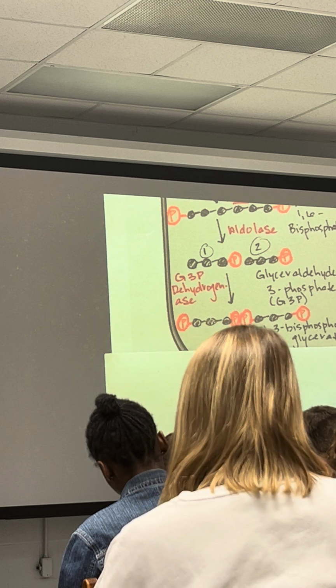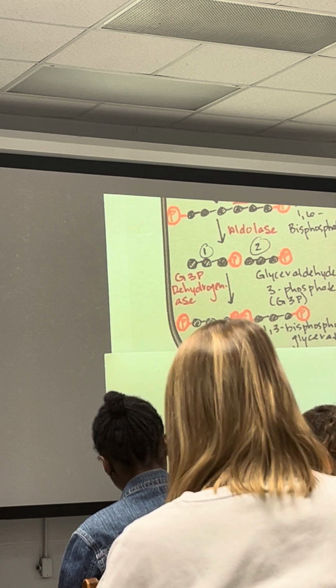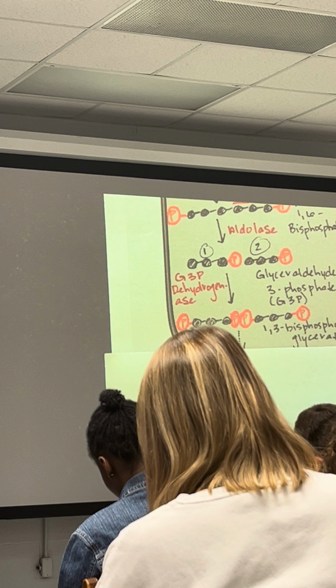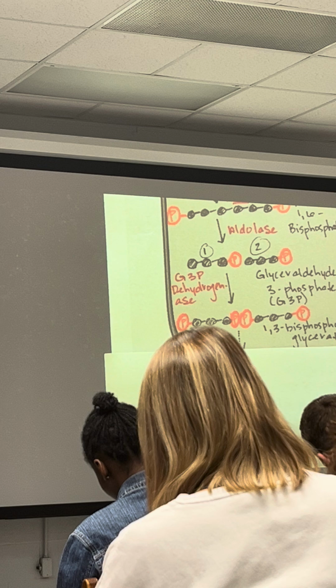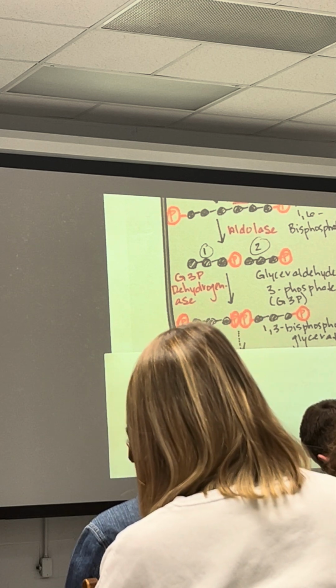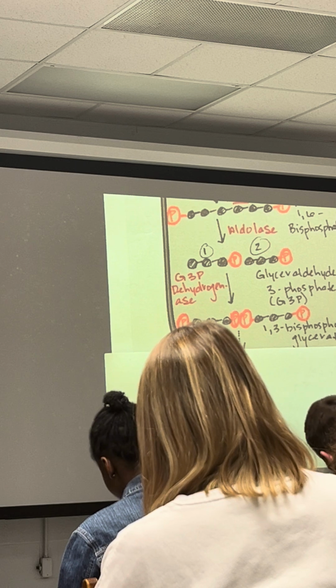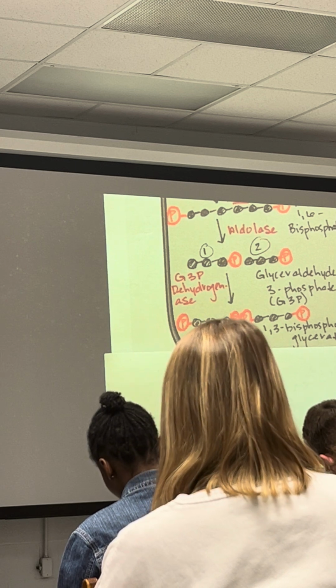Again, the 1 and the 3 tell you where the phosphates are. They're on the first carbon and they're on the 3rd carbon. A really great molecule. This has a lot of benefit for the cell.